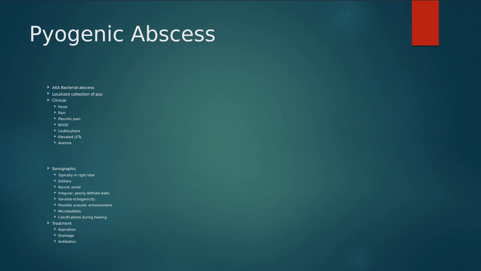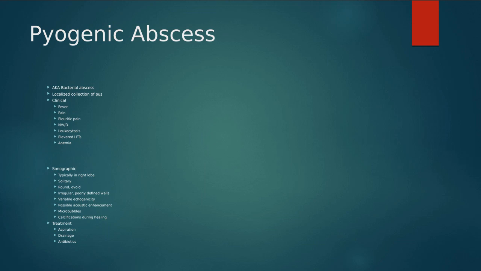On ultrasound, these are typically going to manifest in the right lobe of the liver. They are typically going to be just one collection of pus. They can be round and oval, but they also can be irregular with poorly defined walls. We're going to see variable echogenicity, possible acoustic enhancement depending on what the abscess is mainly made up of.